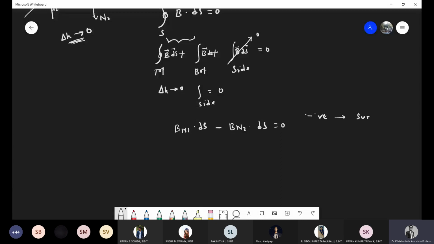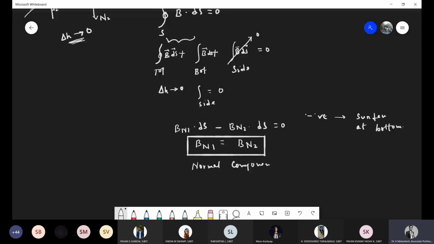Therefore, I can write Bn1 equal to Bn2. So what is the conclusion now? The conclusion is the normal components of magnetic flux densities are continuous. See here, normal component of B is continuous.